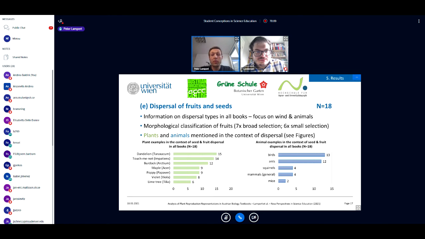Now the dispersal of fruits and seeds, which happens after these processes, was shown also in many books, and they also classified these different fruits if it's transferred by wind or if it's transferred by animals. And so they showed quite a good variation of examples, both in the plants section and also in the animals section.